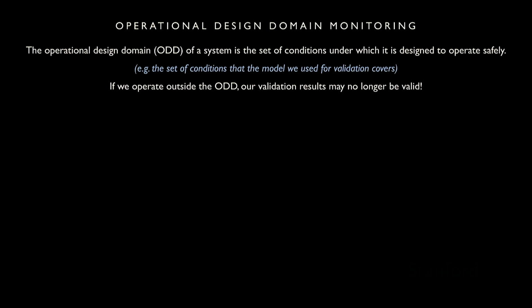So the general idea here is that we want to flag situations that could potentially be us operating outside our operational design domain, and in that case, we would have basically no more guarantees on safety, or our validation results don't mean anything anymore.